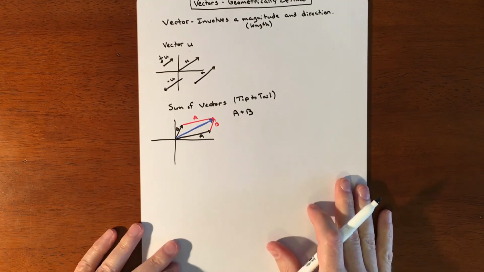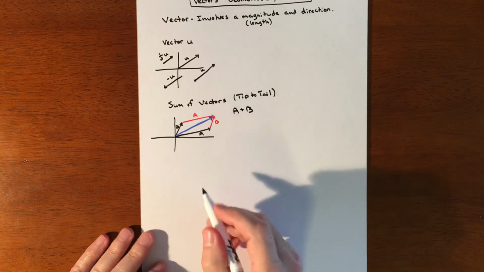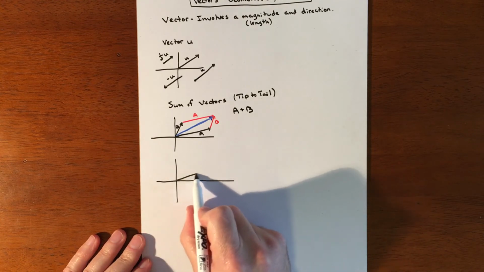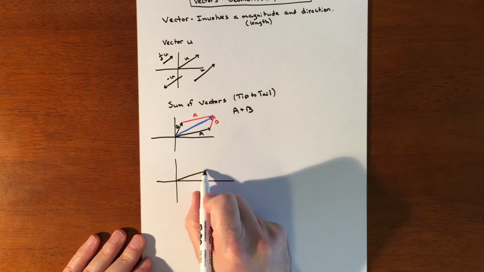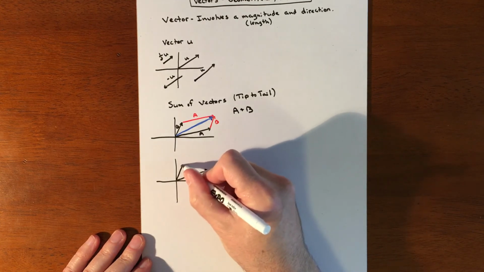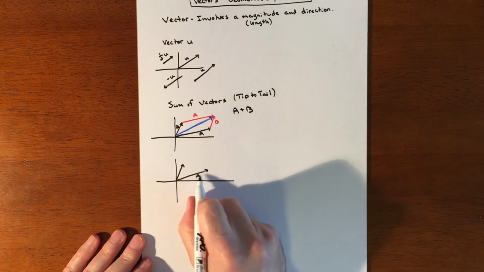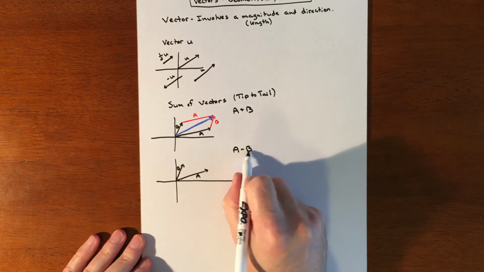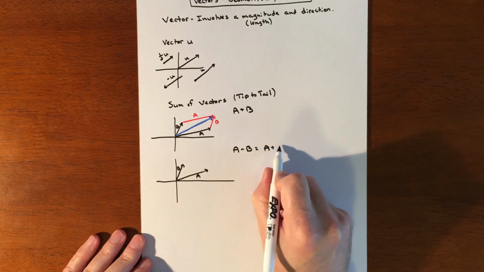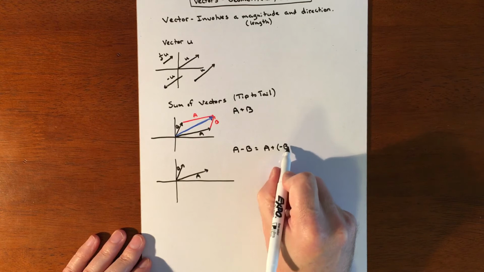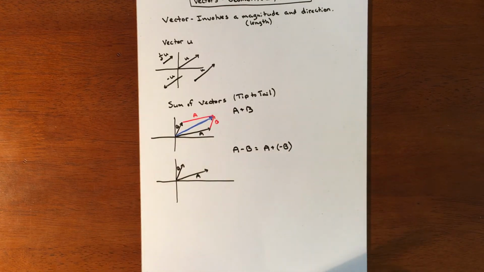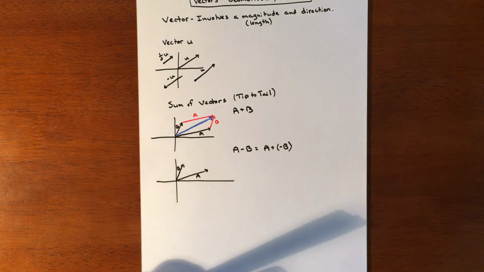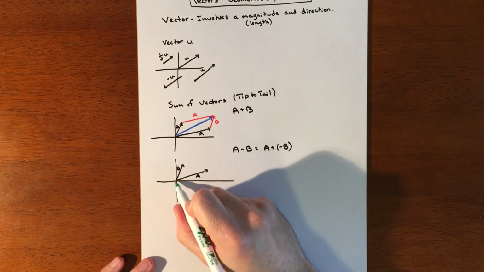If you were going to take the same two vectors and do A minus B, here's roughly A again, and this is roughly B. If you take A minus B, it's really the same thing as A plus negative B. This is positive B, and negative B would look like this.